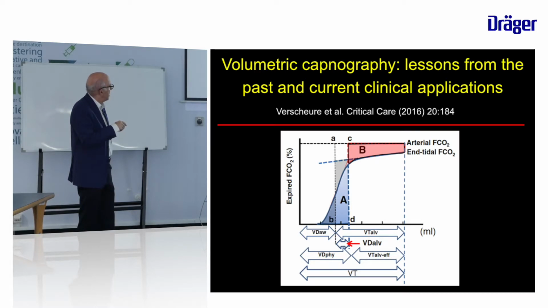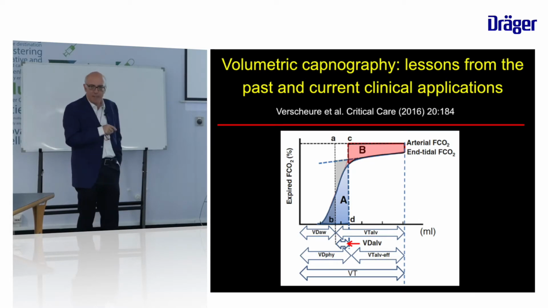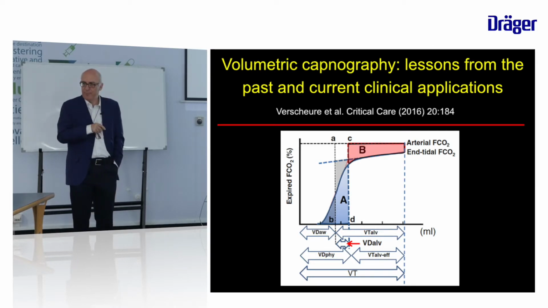In this case, usually it is measured by the Bohr method. So looking at the estimation of CO2 from the expiratory curve of the CO2, you have information about the alveolar dead space and the effective alveolar ventilation.